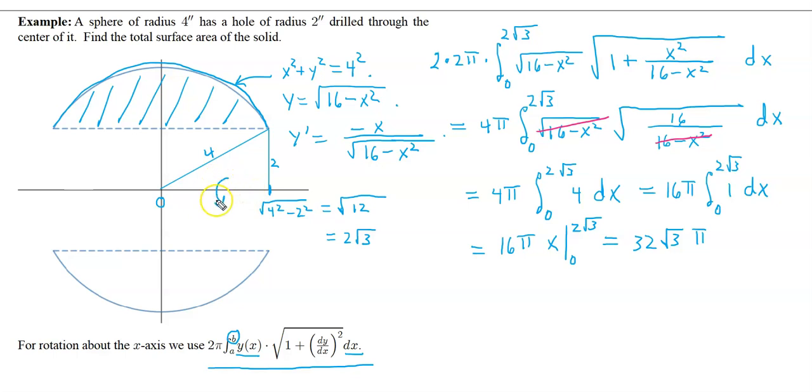rotated around the x-axis. Now we have to find the surface area of the inside, and that's just going to be a cylinder. Let me just draw a three-dimensional representation here to convince you it's a cylinder and to find its dimensions.